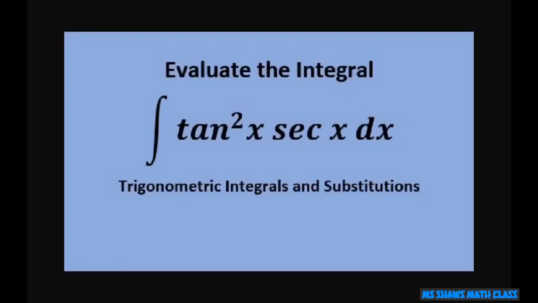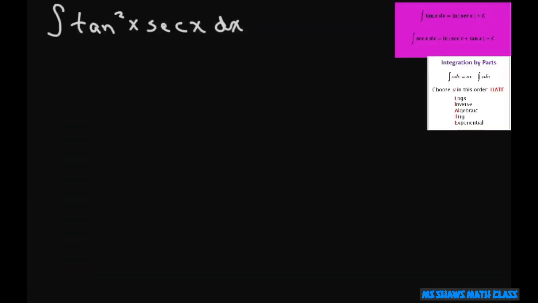Hi everyone, we're going to evaluate the given integral, and we're going to use our special integration of tan x and secant x in this problem. So these are good to know. The first thing we're going to do is just break this up a little bit.